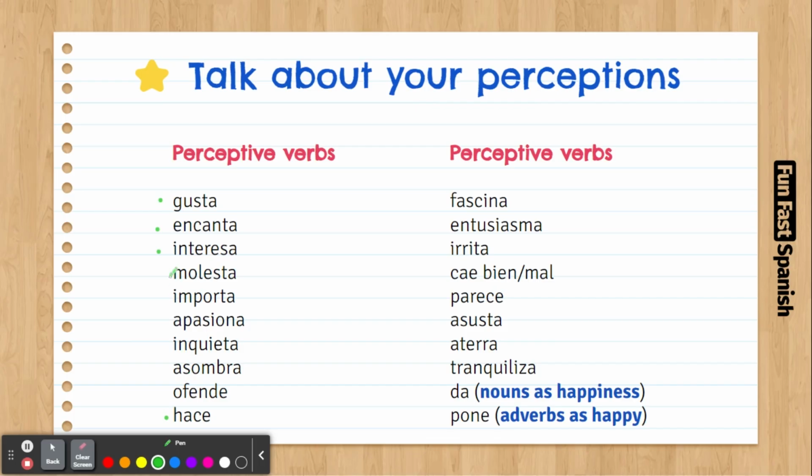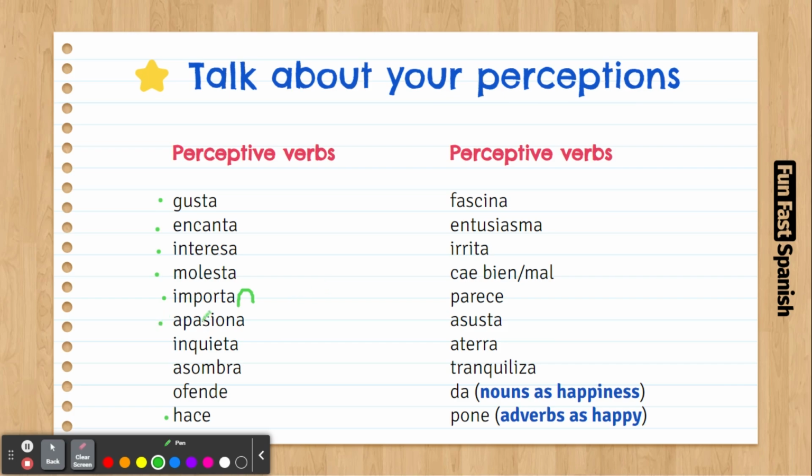Me molesta, it bothers me. Me importa, a mí me importa is when I care about something. A mí no me importan los gatos. I don't care about cats. Well, that's not true. I like them. But if you want to say I don't care about cats, a mí no me importan los gatos, right? Because los gatos are plural.